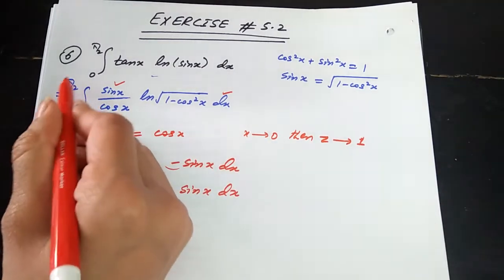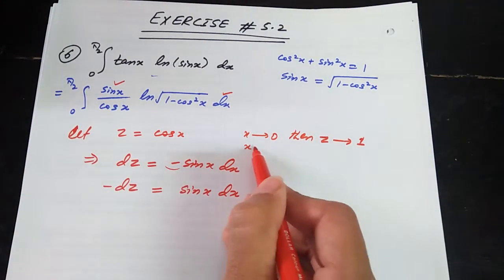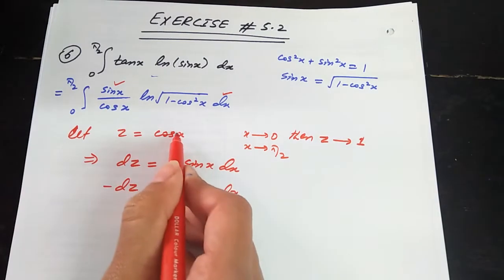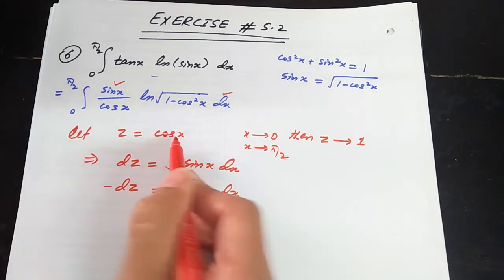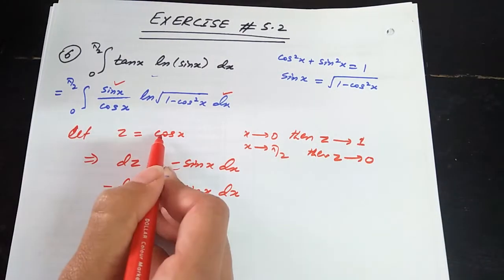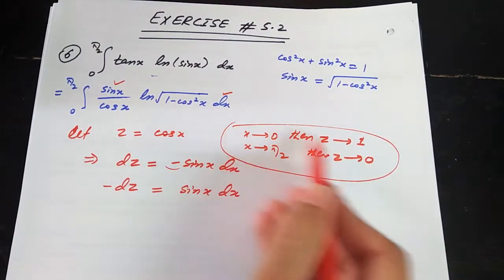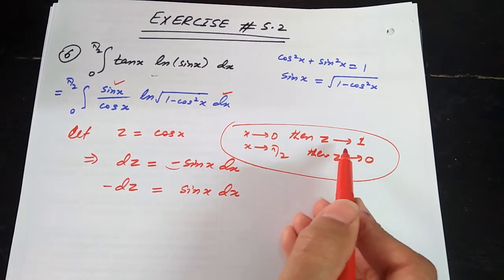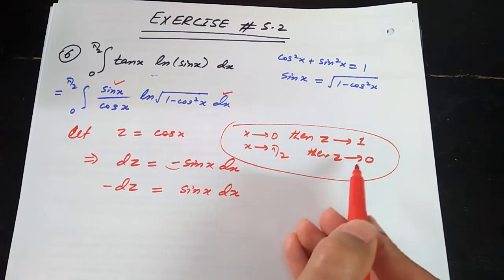And if we apply the upper limit, when x approaches pi by 2, cos pi by 2 will give you 0, so z approaches 0. So our limits of integration will convert into from 1 to 0.